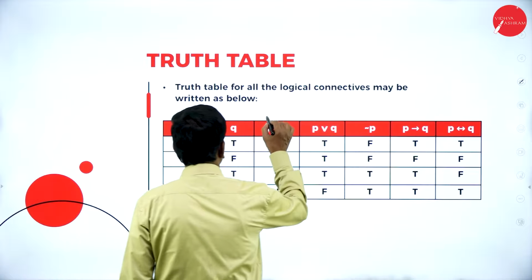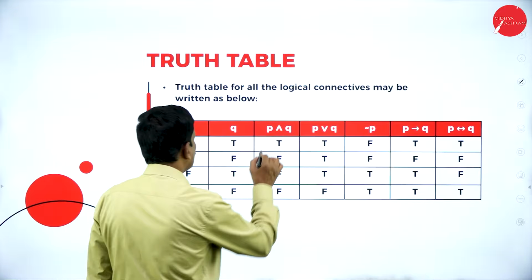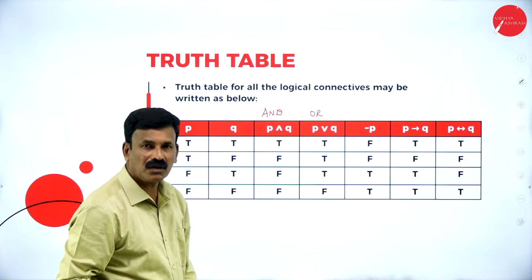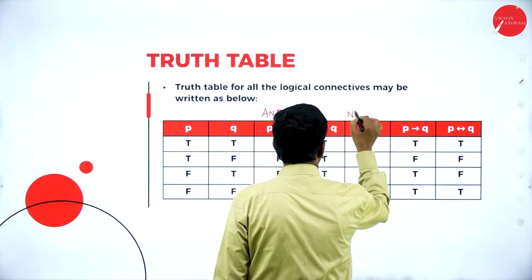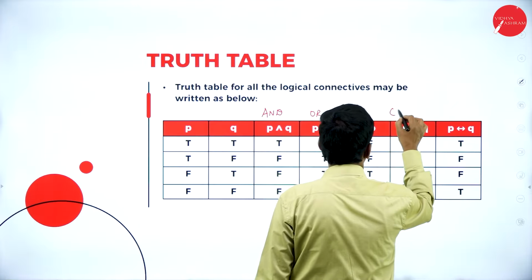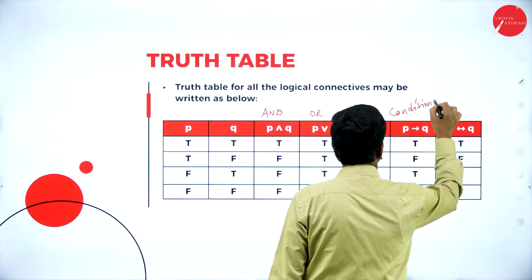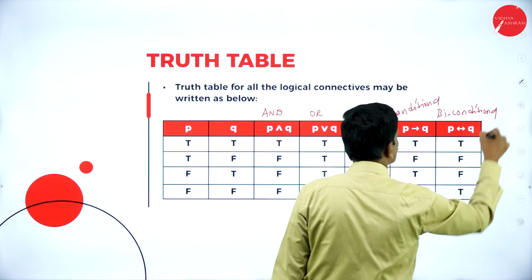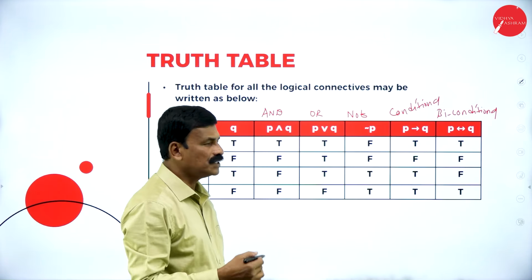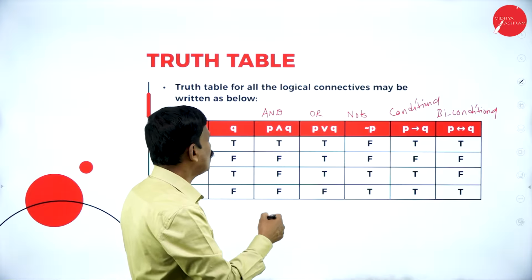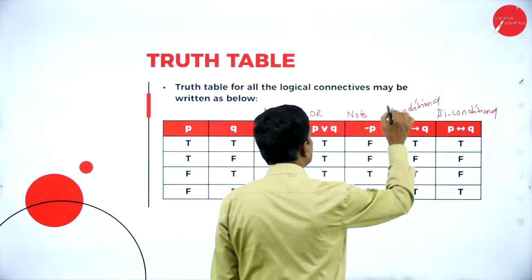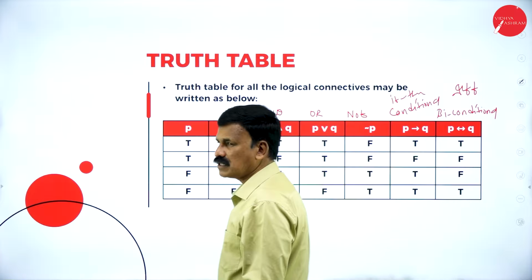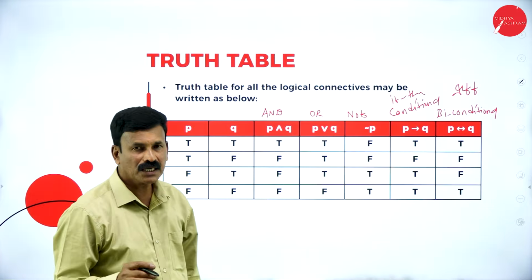Otherwise they may ask, write the truth table for and, or, not, if then, if and only if. Here, and means conjunction, or means disjunction, and not means negation.